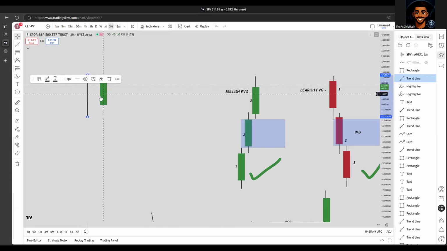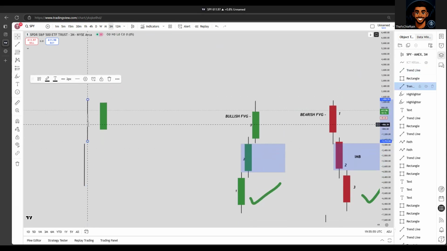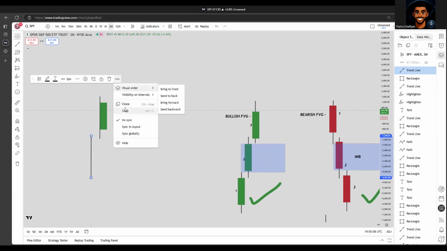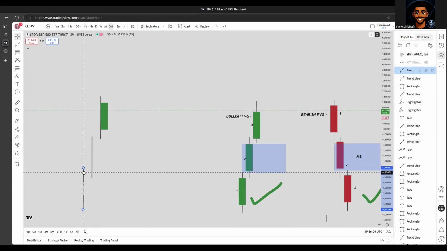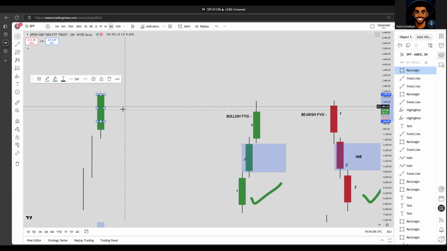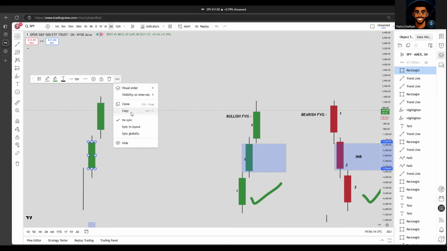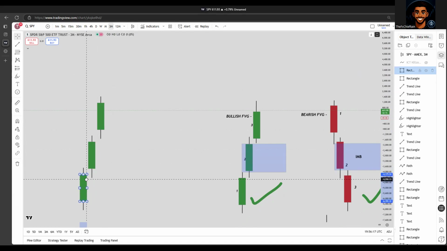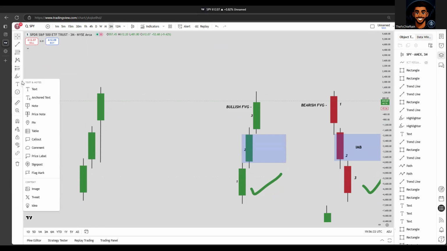How this becomes invalid is if at any point in time you see something like this: price moves in this manner, and the next candle comes here and closes within candle one. So this is invalid. Let me just show you.